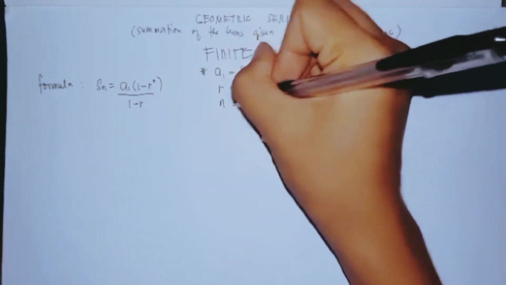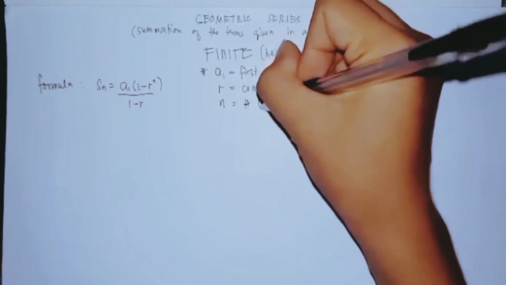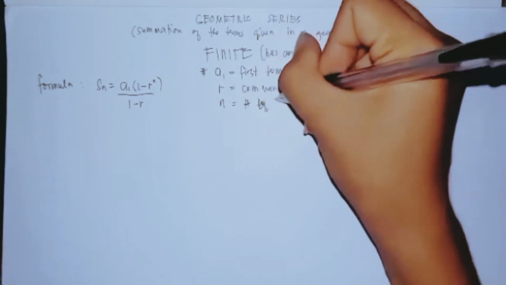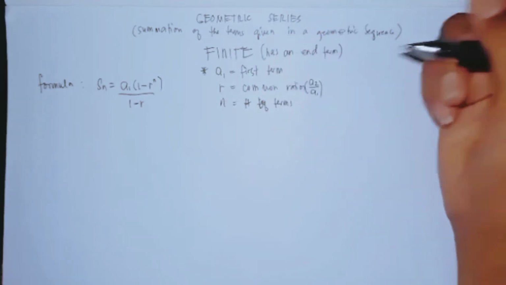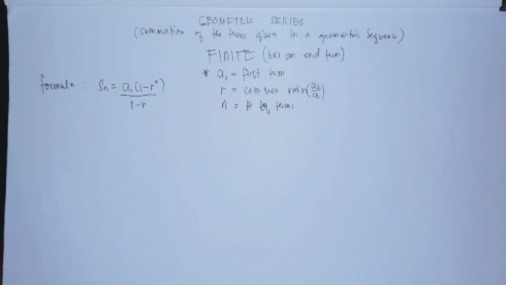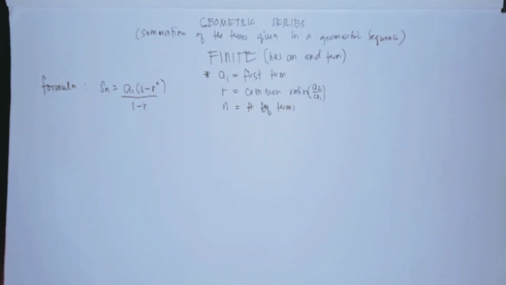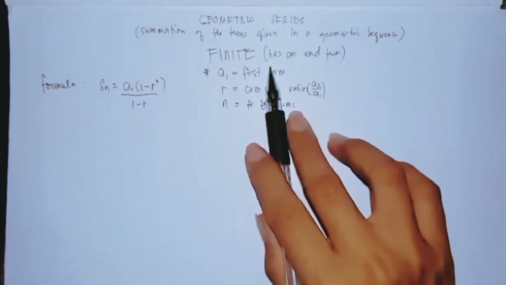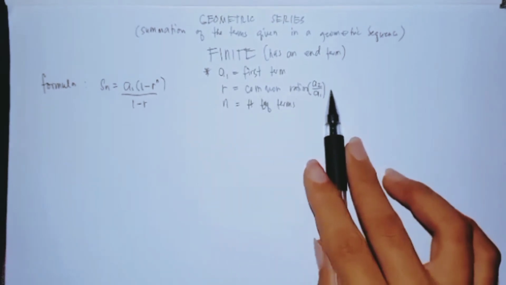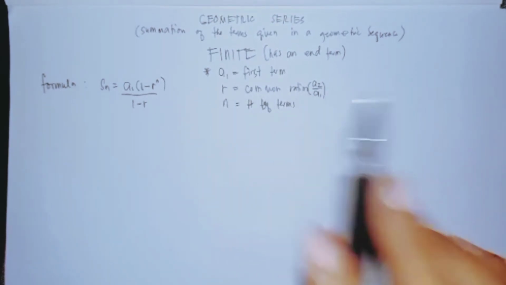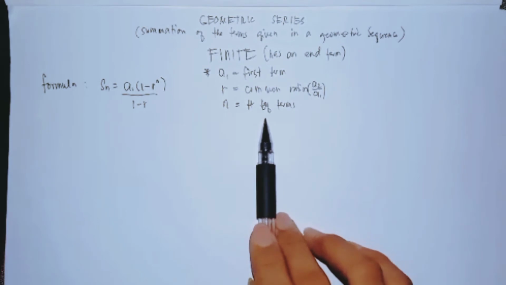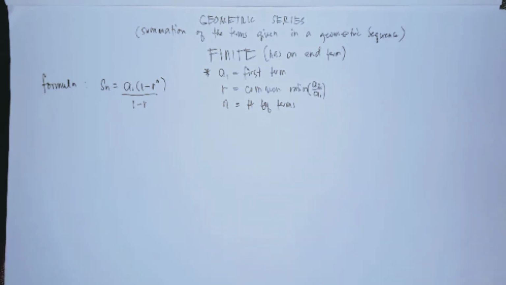And then, n is the number of terms present in the geometric sequence or in the geometric series. So, A1 first term, r is the common ratio denoted by A2 over A1, and then n is the number of terms.